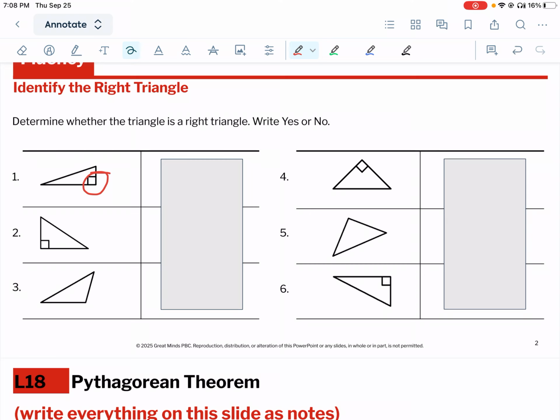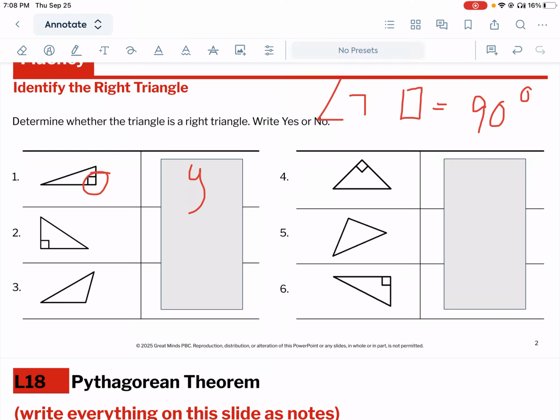Sometimes you might see it written like this, if you happen to be reading it. But the right angle on a triangle will always be a square, and that square means 90 degrees for those who may not be aware. So any triangle that has a square, take the time to write yes or no. I'm just going to write Y right here.